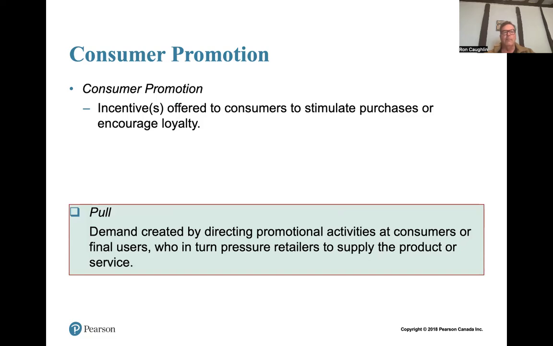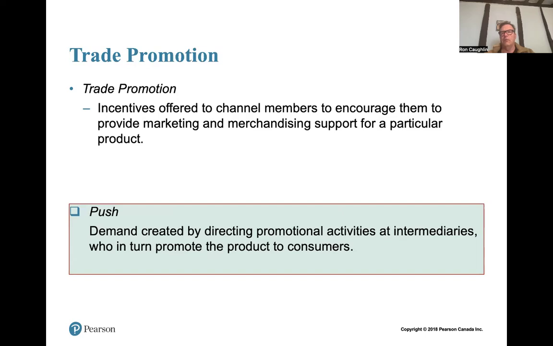This is an example of pull, which is really where you create demand by directing promotional activities at consumers or final users, who in turn pressure the retailers to supply the product or the service. Now, the second area is trade promotions.